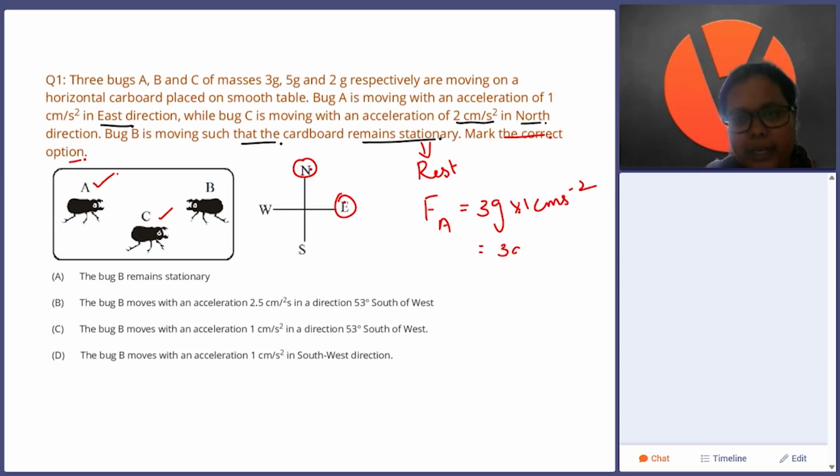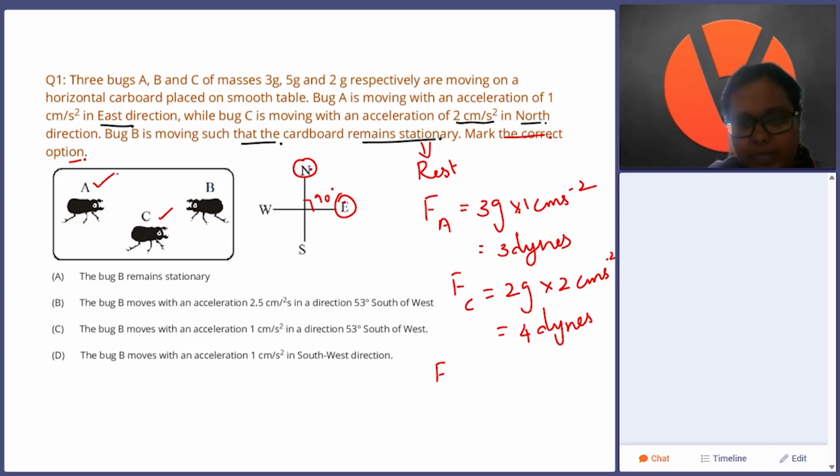Shall I write it as 3 times? And Buck C's mass will be 2 gram and acceleration would be 2 centimeter per second square. Shall I write it as 4 times? So what is the resultant force now? Since the angle between these two is 90 degree, it is root of FA square plus FC square. So what will I get here? Root of 3 square plus 4 square. So the resultant force would be 5 times.